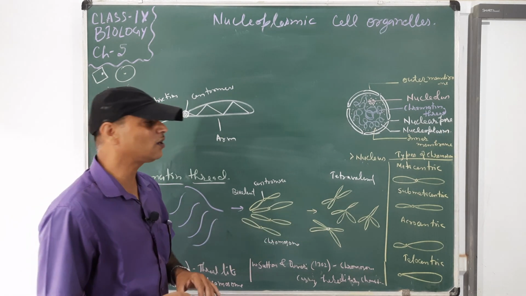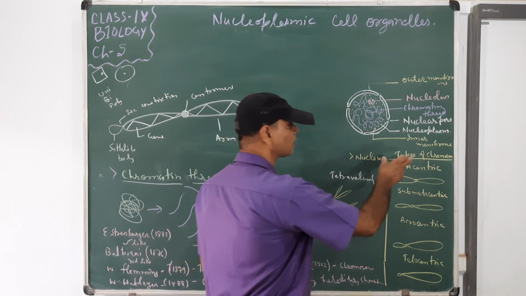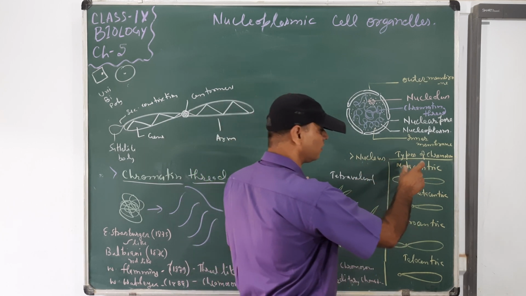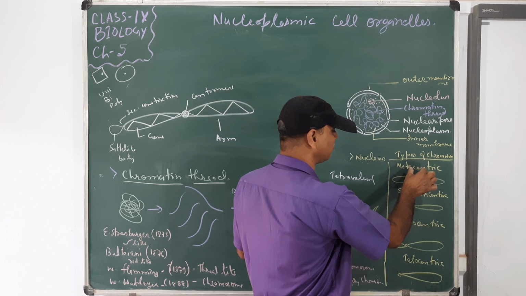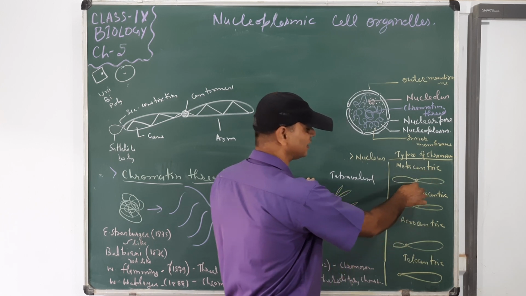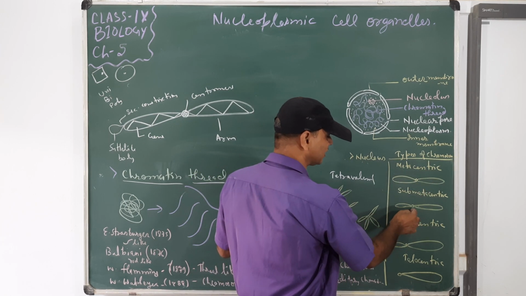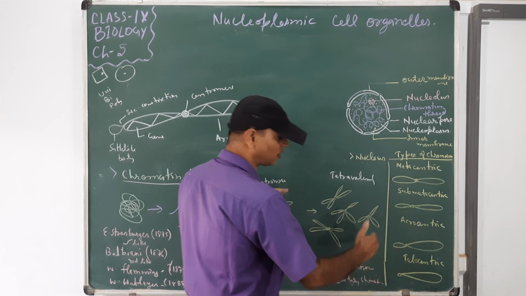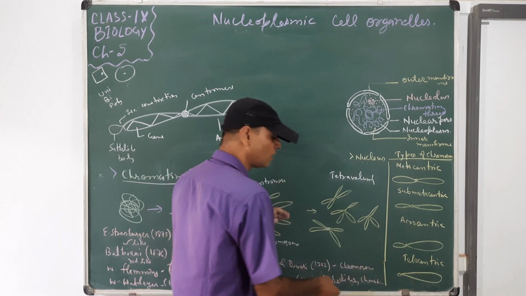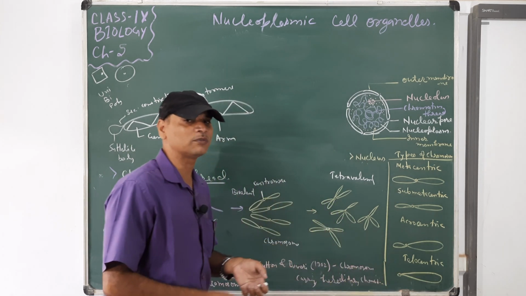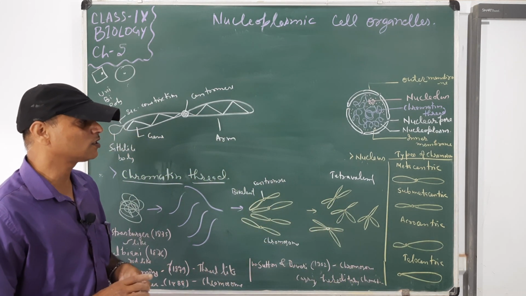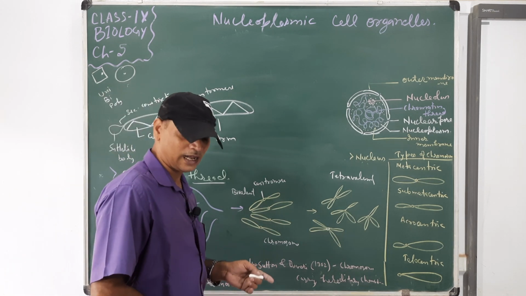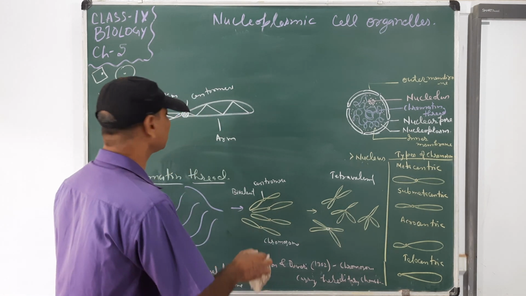So chromosomes are either metacentric, in the center; submetacentric, just off the center; acrocentric, not in the center but on one side; and telocentric, at the tail of the chromosome. So these are 4 types of chromosome on the basis of what? The position of the centromere. So understood?